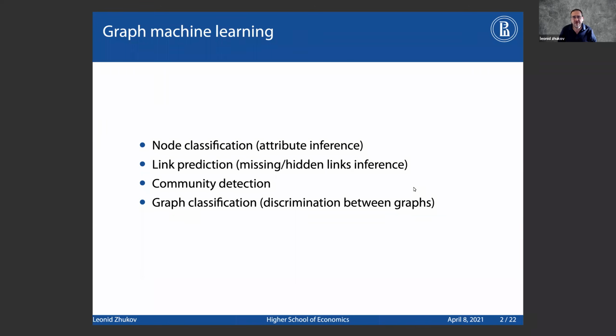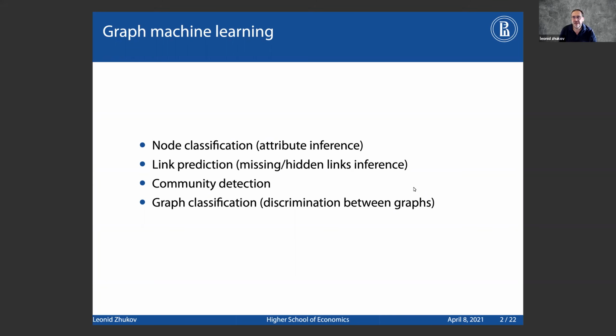Another problem you can think of: you have nodes, there are also links, right? And you can think about the problem of link prediction. That is, try to predict links that are missing for whatever reason, maybe they're hidden from you, and you try to discover hidden connections between people, or if you have a graph that evolves in time, you might predict that there will be a connection between those two nodes.